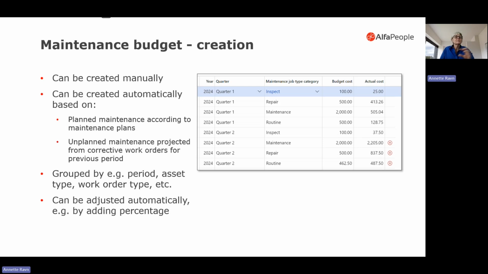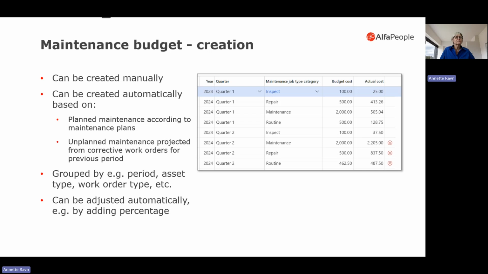So that will give us part of the budget. But we also need to incorporate in the budget the unplanned work. And the way that the system does that is that it projects it from the corrective work orders for a previous period. It might not be totally accurate, but it's better than nothing.